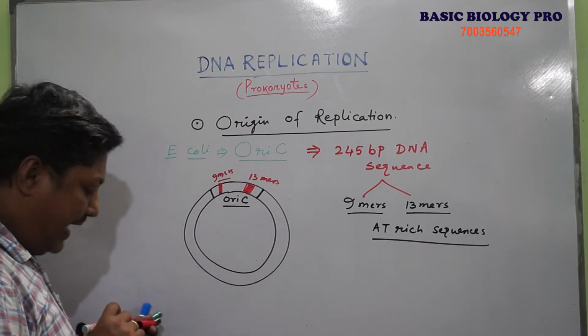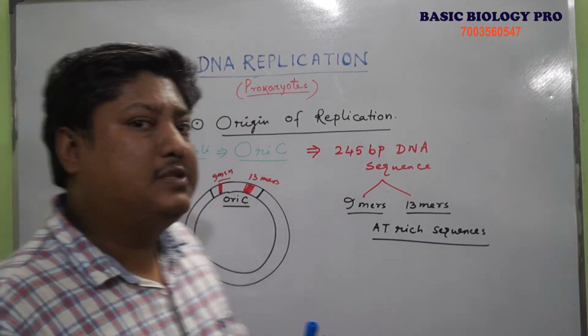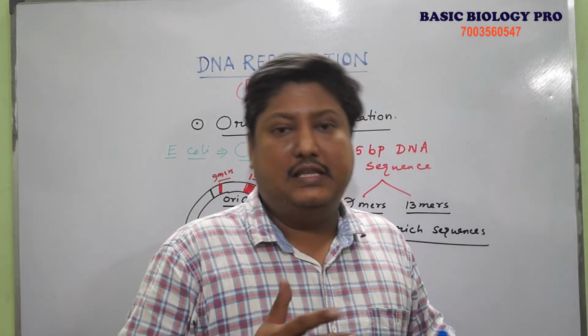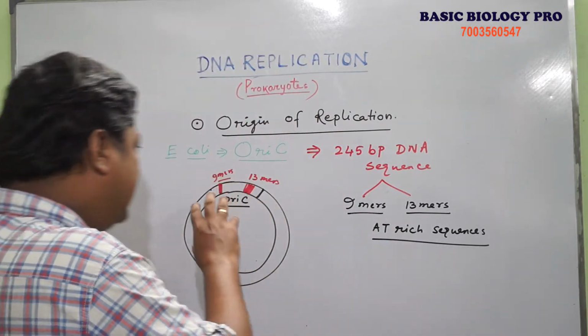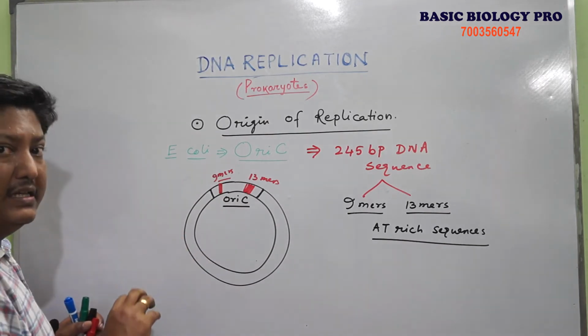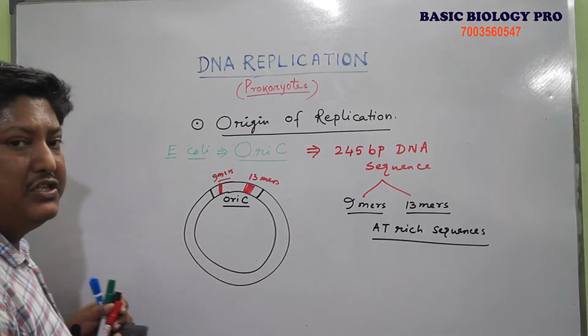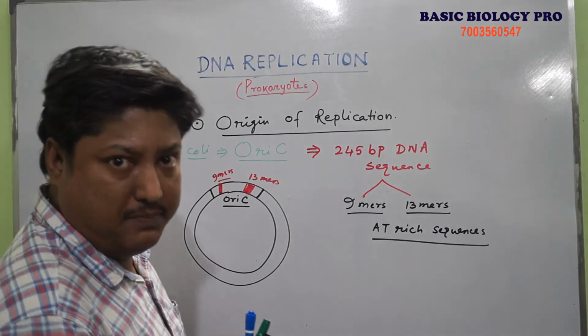In case of bacteria, a single origin is present, so a single replicon is present within the bacteria. So here the replication process begins. It's a very key feature for the replication in prokaryotes.